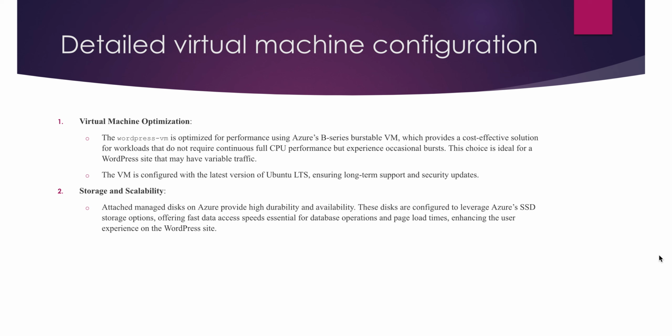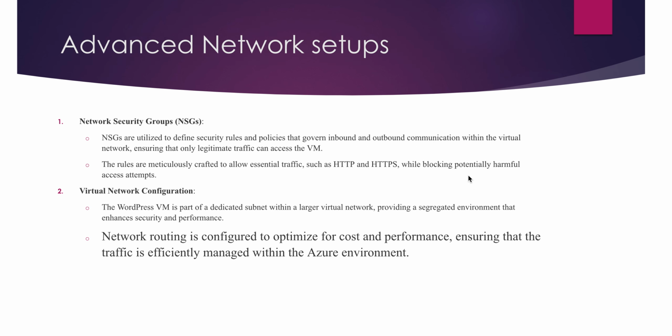After that, we have advanced network settings. Here we have network security groups, NSGs. We utilize them for security rules, for network threats, and we also use HTTP and HTTPS for more security.